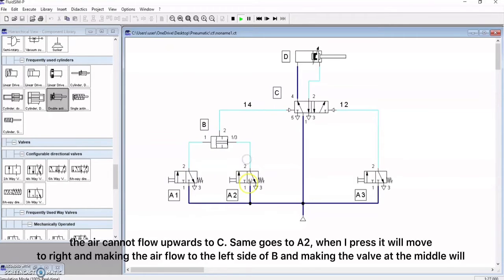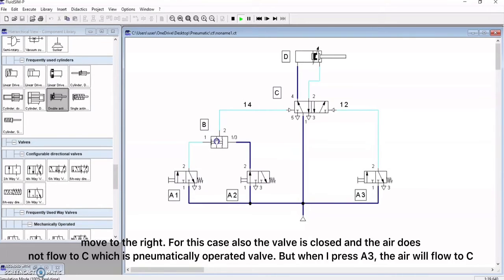Same goes for A2. When I press it, it will move to the right and make the air flow to the left side of B, and the valve at the middle will move to the right. In this case, also, the valve is closed and the air does not flow to C, which is the pneumatically operated valve.